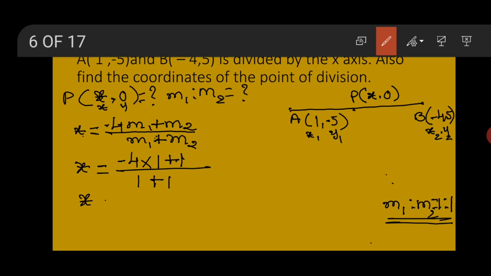Therefore value of x is equal to minus 4 into m1, here it is already found now, 1 plus m2 is equal to 1, divided by 1 plus 1. So x is equal to minus 4 plus 1 divided by 1 plus 1, which is equal to 2.